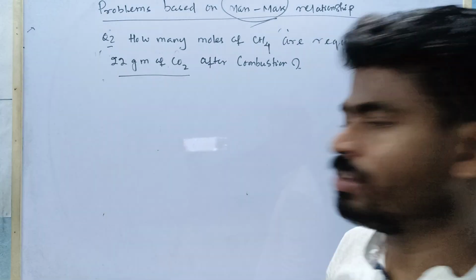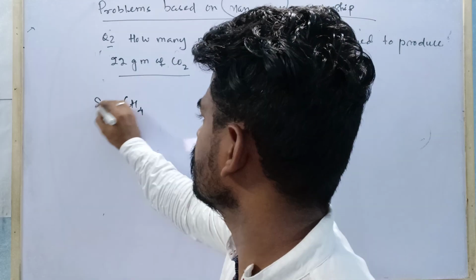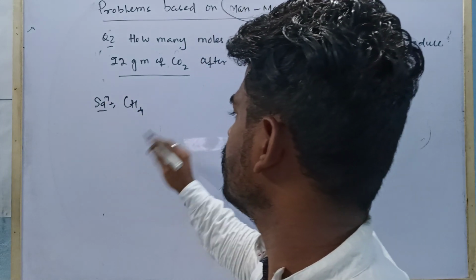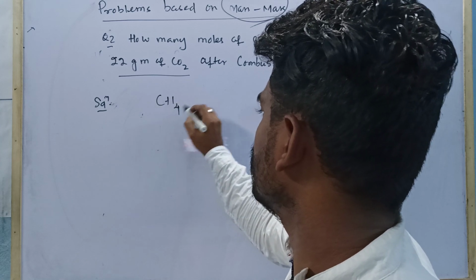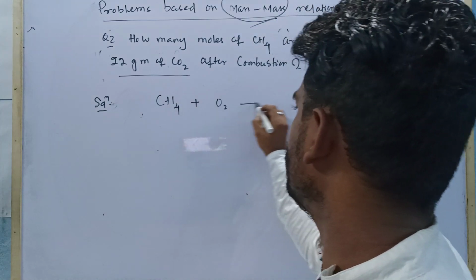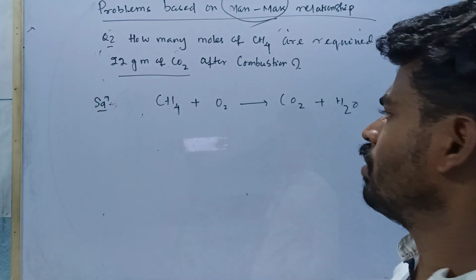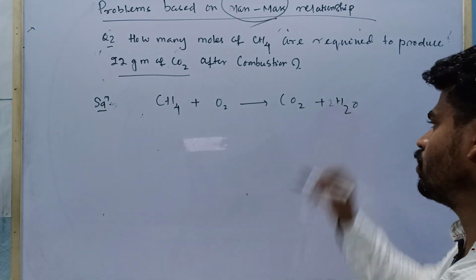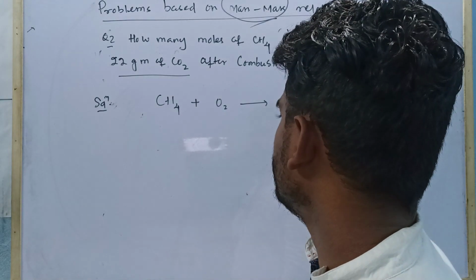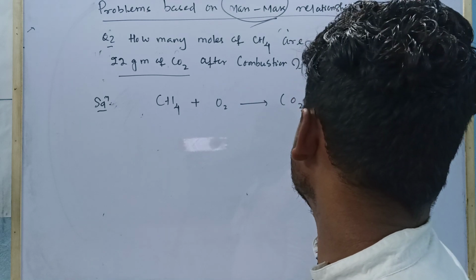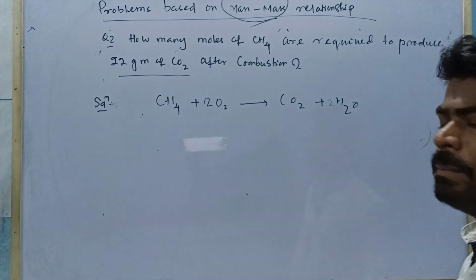Again, write down the combustion equation. That will be CH4 plus O2 giving rise to CO2 plus H2O. Write down the balanced chemical equation too: hydrogen 4, carbon 1, and regarding oxygen this is 4, so 2 O2. This equation is balanced.